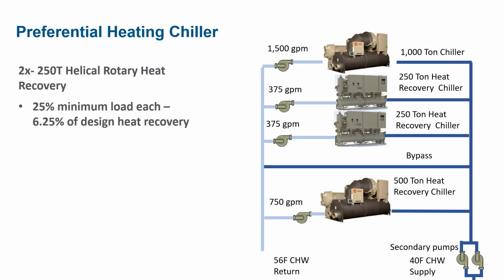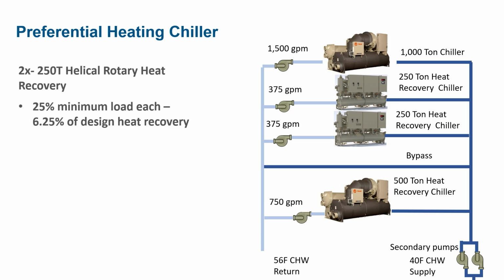In order to improve the plant's ability to match the heating and cooling loads, two positive displacement heat recovery chillers are added on the opposite side of the bypass. Each 250-ton heat recovery chiller is able to turn down to 25% of its load, which is 6.25% of the heat recovery capacity.